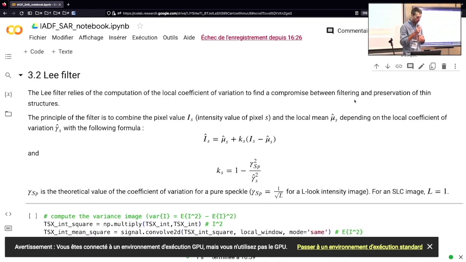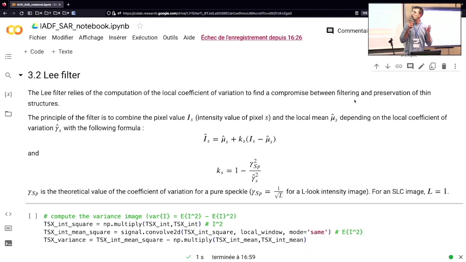And the idea, as you see here, is that you have the multi-looked image, so the image after the filtering with the moving average filter, and you have the intensity image. And you want to take the best of the two worlds, meaning that it's okay to average pixels in homogeneous areas because it filters out the speckle, but you don't want to destroy information near the edges.